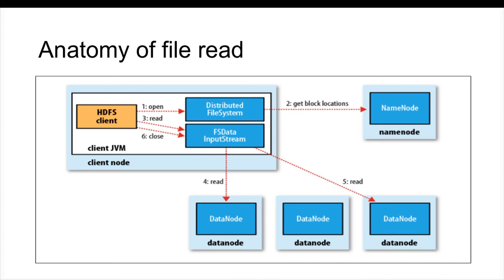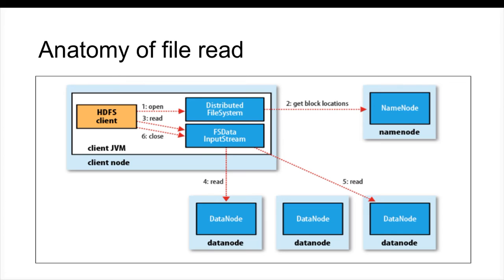All these commands result in reading the data from HDFS. So when the client issues the command such as Hadoop FS -cat or -copyToLocal or -get, the first thing which will happen is it will invoke a class called DistributedFileSystem, and then it will get the block locations of the file.